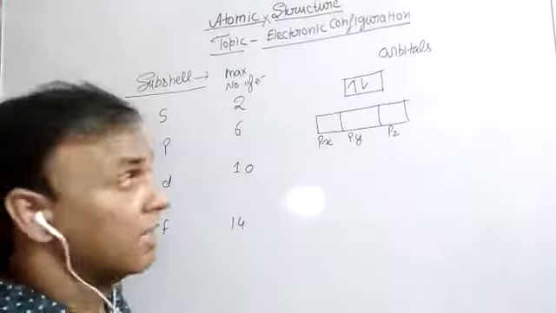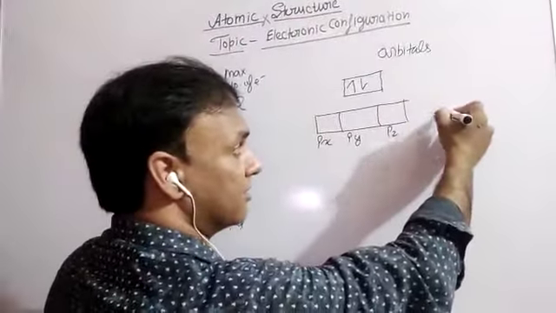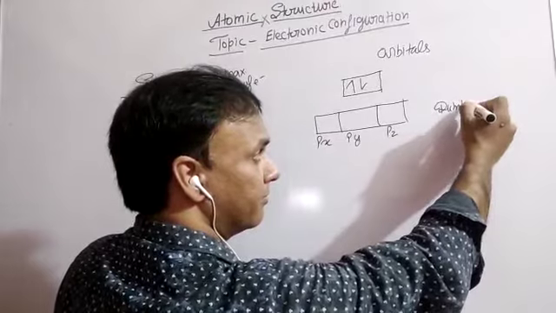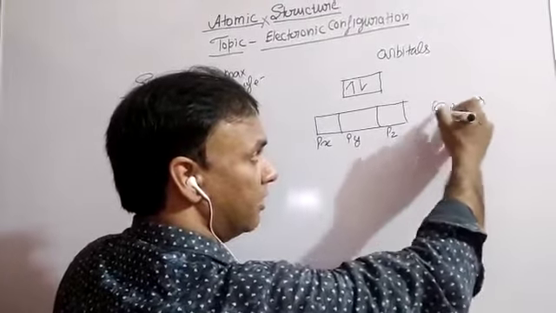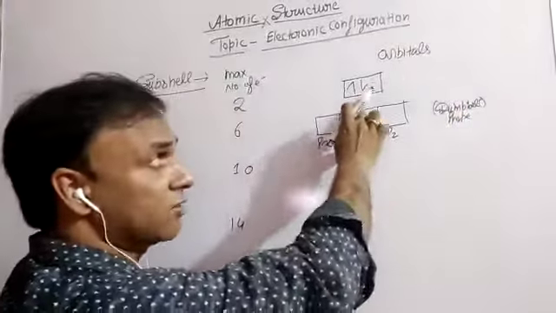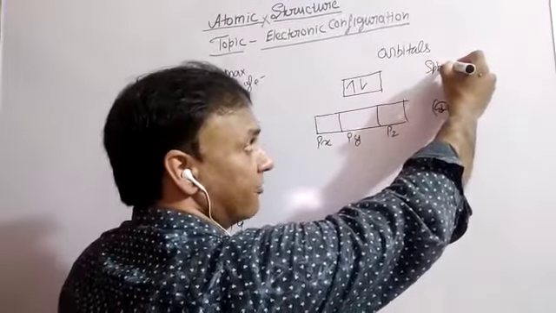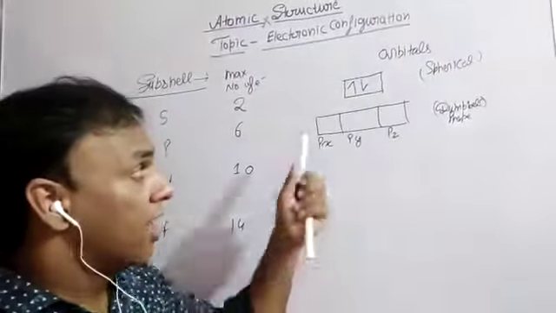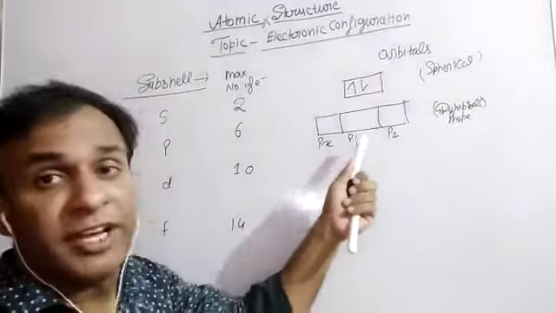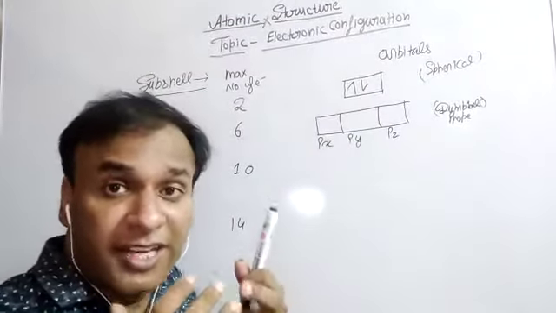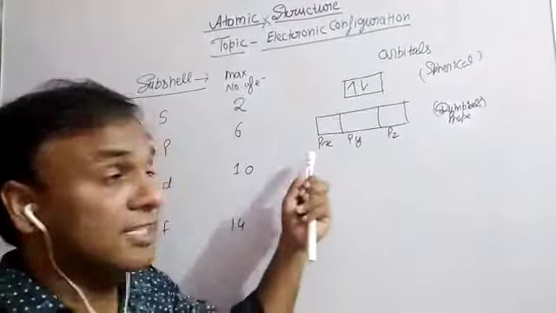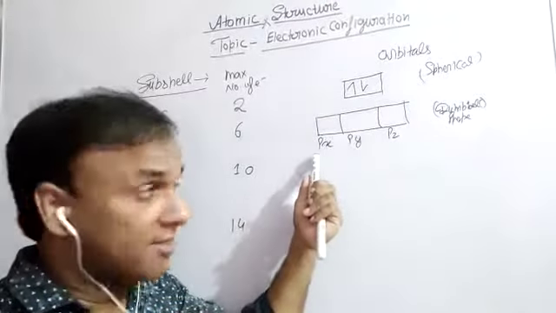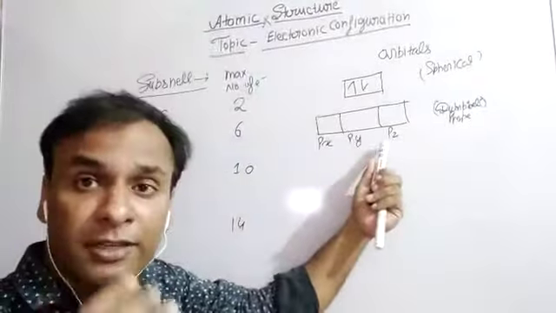The shape of the p orbital is dumbbell shape, while the s orbital is spherical. It is also called a non-directional orbital. The p orbitals, px, py and pz, are called directional orbitals. Why? Because they have a specific direction: the px orbital is on the x-axis, py on the y-axis and pz on the z-axis.